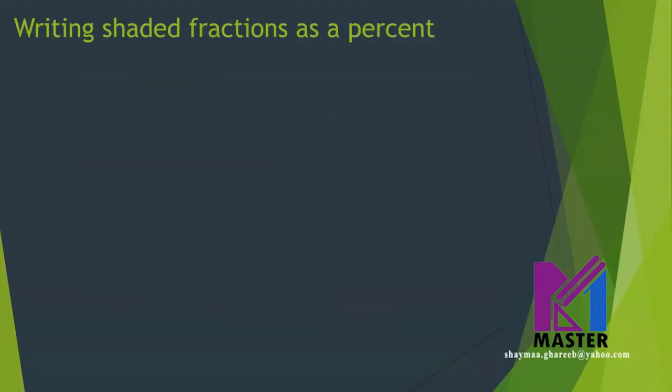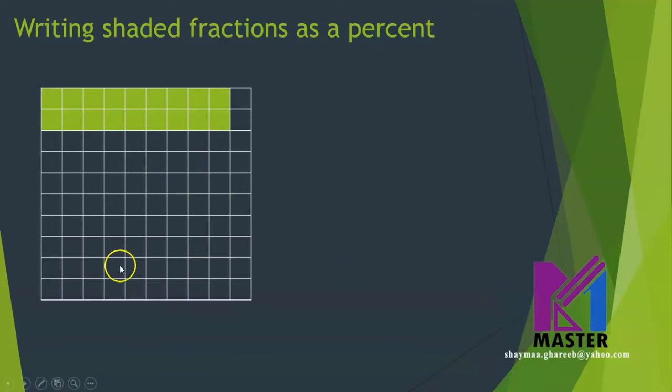Writing shaded fractions as a percent. Look at this grid here. It is divided into 100 small parts, as you can see, and a number of parts is shaded. If I want to write this shaded part as a percent, first I have to write it as a fraction. How to write shaded parts as a fraction?